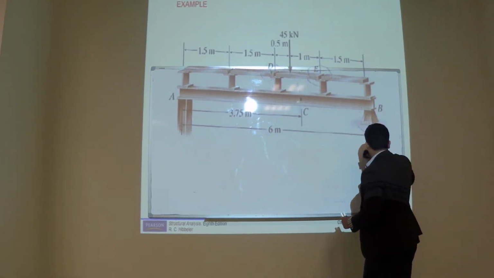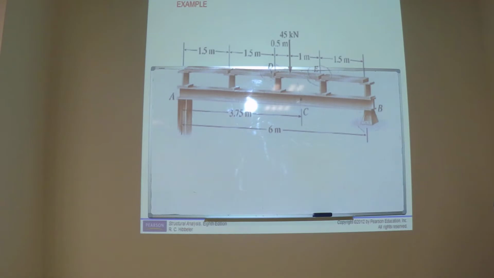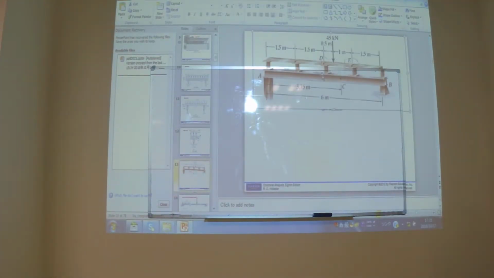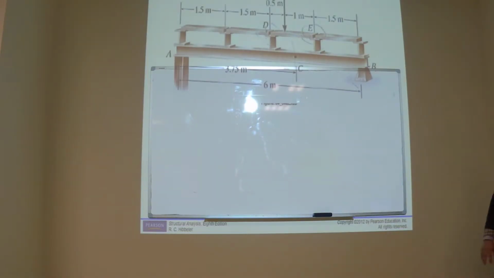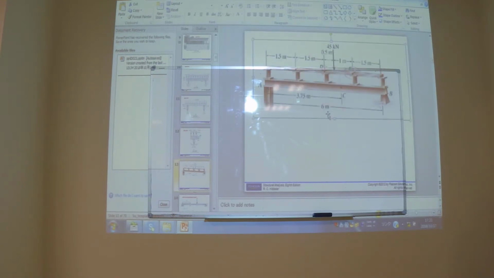These beams transmit their loads to the simply supported girder AB. Determine the internal shear and moment acting at point C in the girder. So what do we need? Internal shear and moment acting at point C.